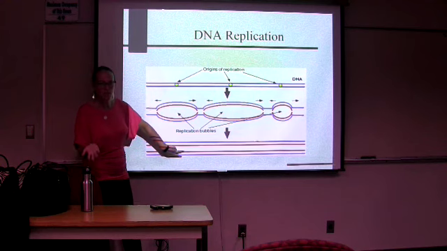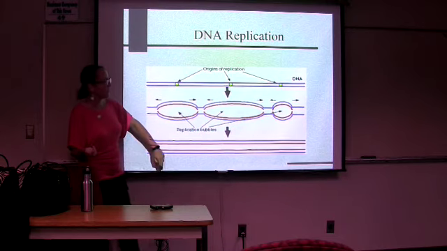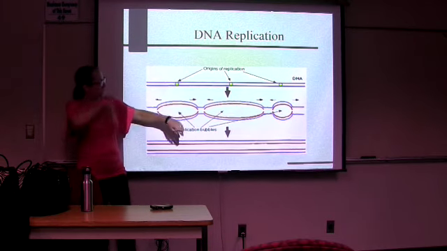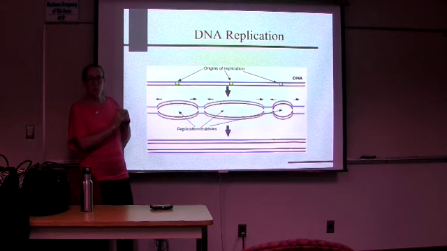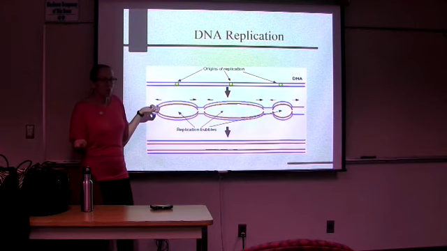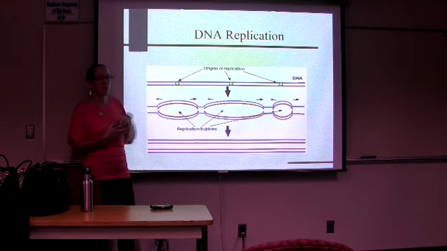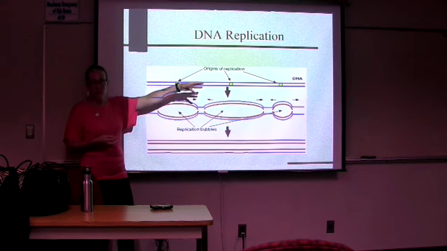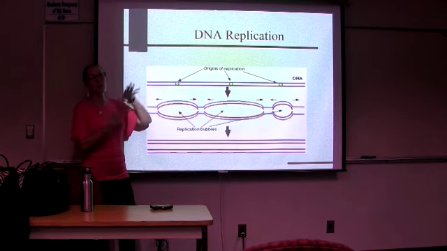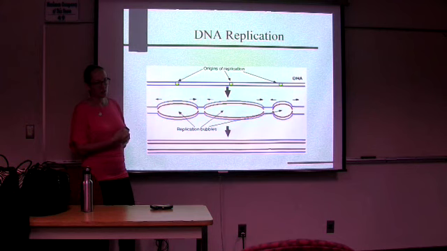Does that help you visually? Are you with me with what this is showing? If not, come see me. But if we started unzipping from one end to the other, it would take forever. Instead, you have all these bubbles form the length of the DNA, so it can happen quickly. You can replicate it, you have two identical strands.